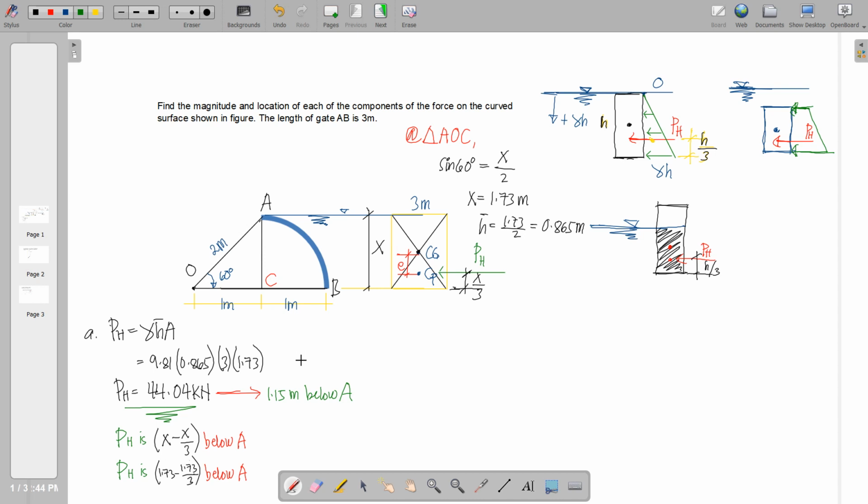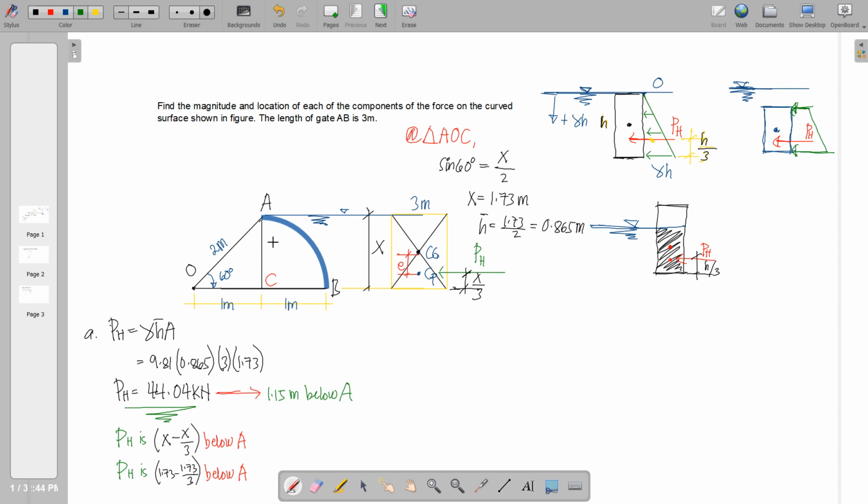Now, as we can see on the first procedure, we are just concerned with the horizontal force, which we have done last time. The only difference is when we have a plane surface that is not a curve, you may consider the area whether it is inclined to a certain degree or vertical.